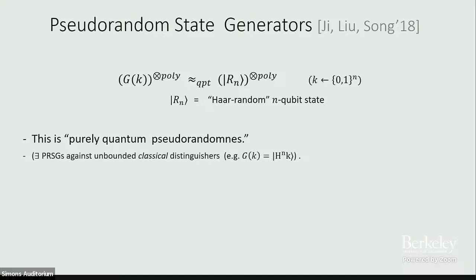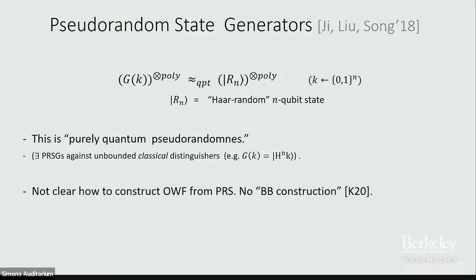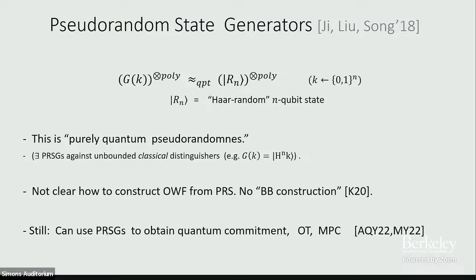It's something where there's some hardness that can be extracted only by meaningful quantum information processing. And it's not clear how to construct quantum functions from PRS generators, PRSGs, and in particular, we know it cannot be done in a black box way, and still they can be used to do all those great things.